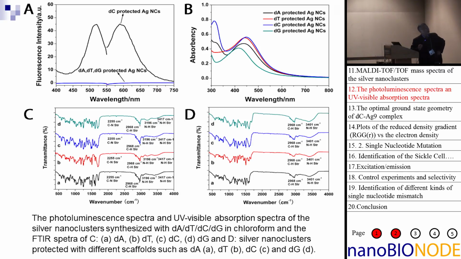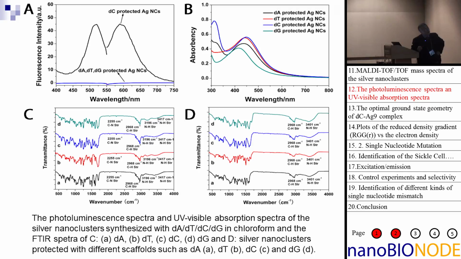I want to stress that for DA, DT, DG, this is very small. But for DC, it's a significant peak, excited and emitted.